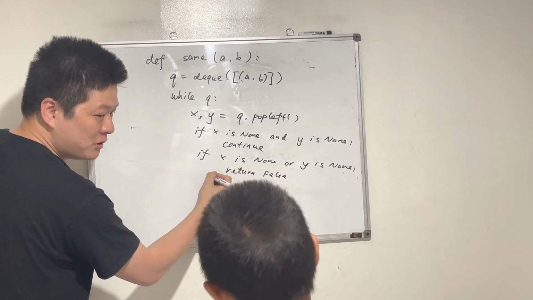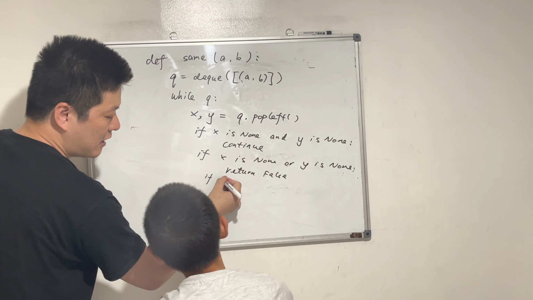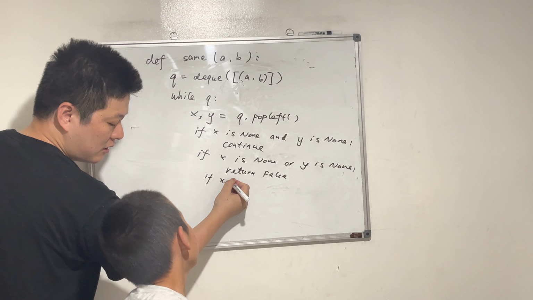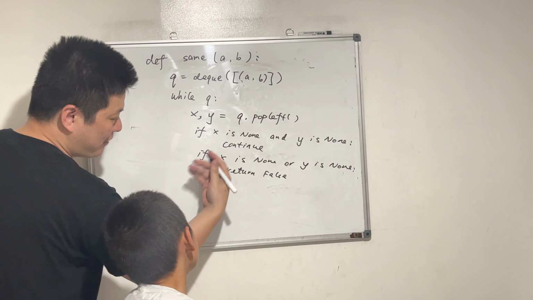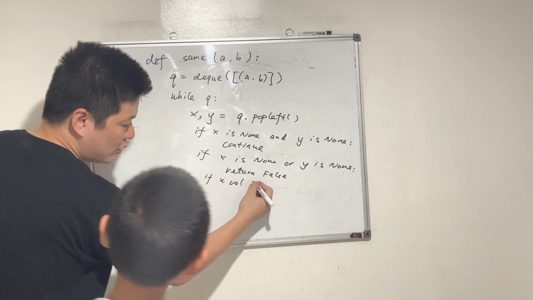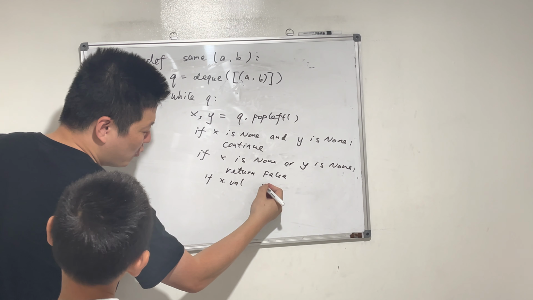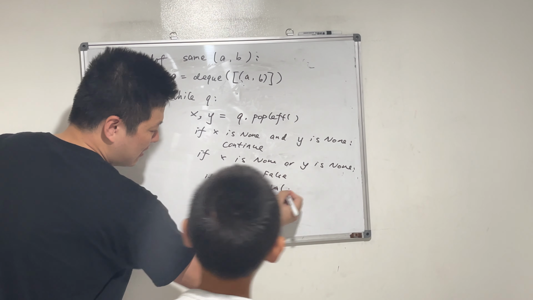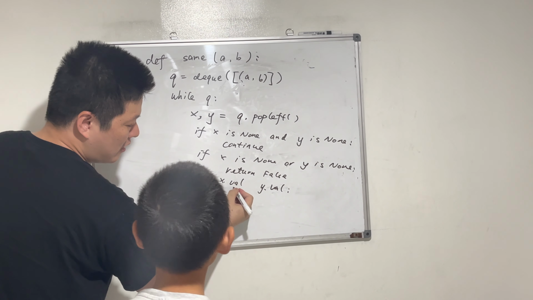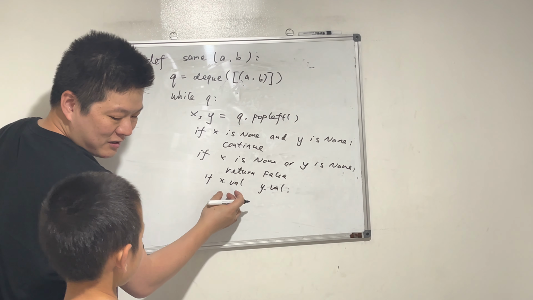Can you tell me what to do? If X dot value, not the left, the value, not equal to Y dot value. We want to compare the value.